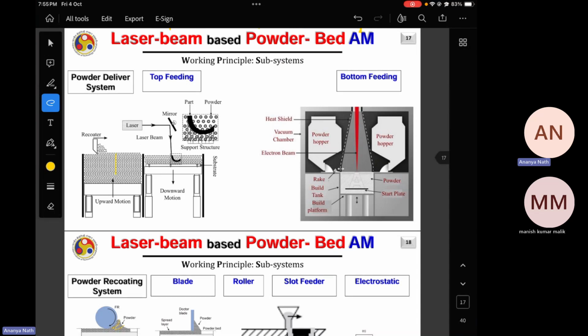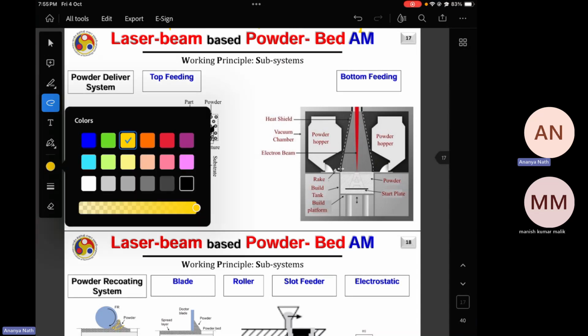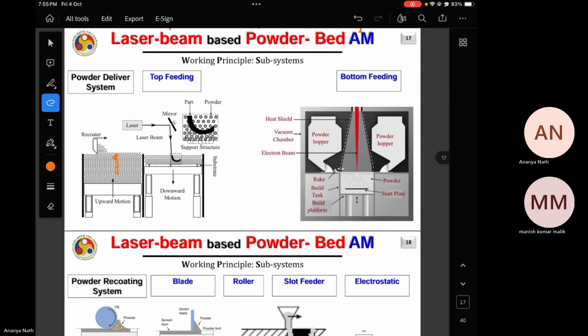This container will move up with each layer, and enough powder will then be present in front of the recoater, by spreading which one layer thickness can be achieved on the build plate, or a 30 micron thickness layer can be spread over the build plate if your layer thickness is 30 micron. Otherwise it can be 20 micron or 40 micron.